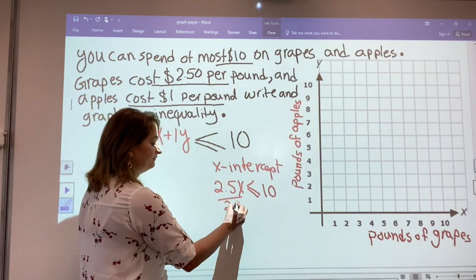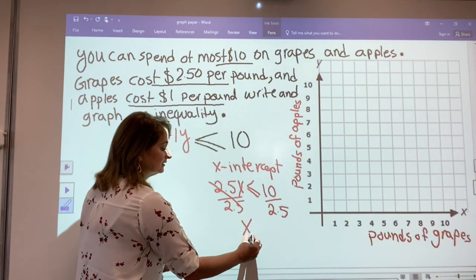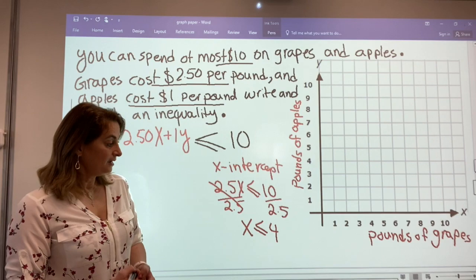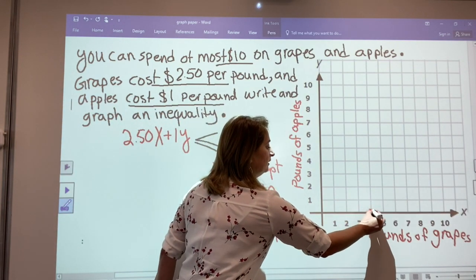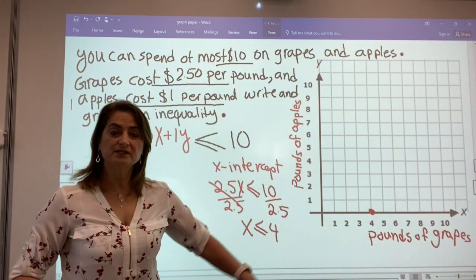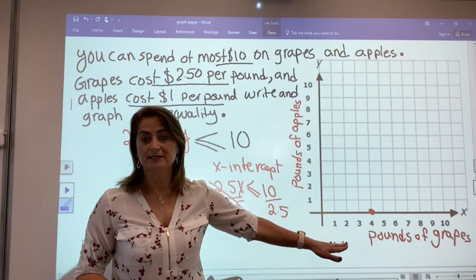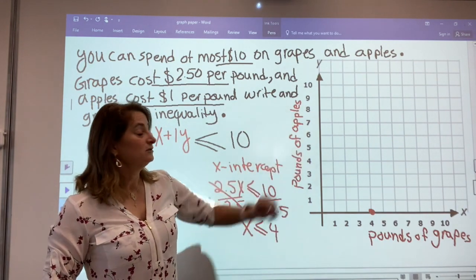Divide by 2.5 both sides. That gives you X less than or equal to 4. That means I will go on the X-axis, find 4, and put a dot, because that is the maximum number of pounds of grapes I can buy for $10 without buying any pounds of apples.